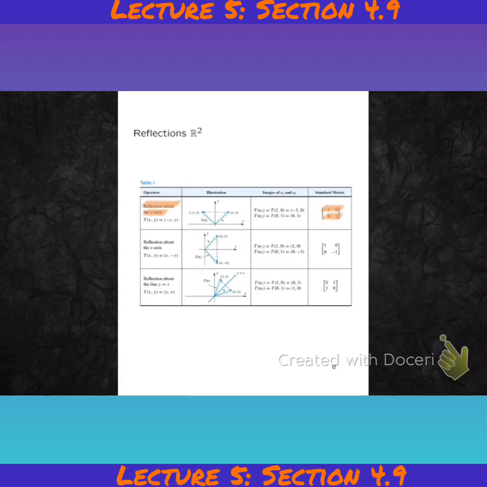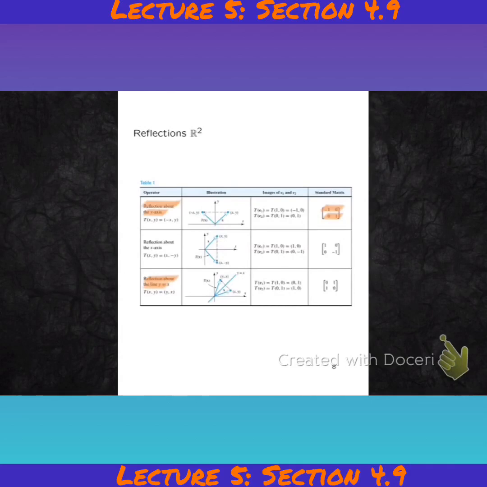That's easy. There my y goes to minus y, and that's going to change the standard matrix slightly. And then also we've got reflection about the line y equals x. So the point x, y is mapped to the point y, x. And that's also going to influence the standard matrix.